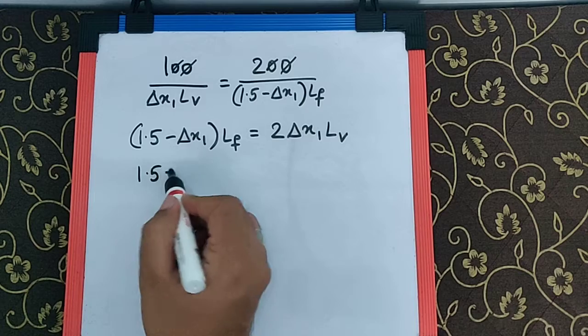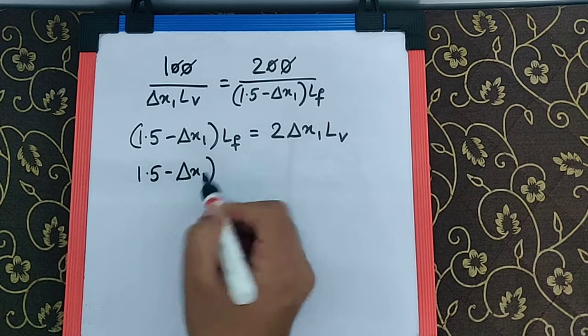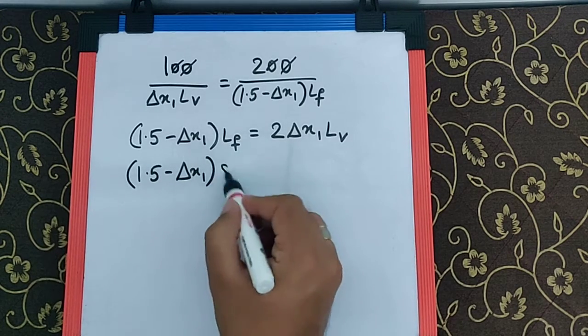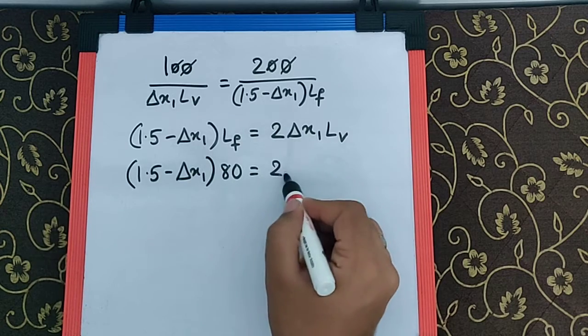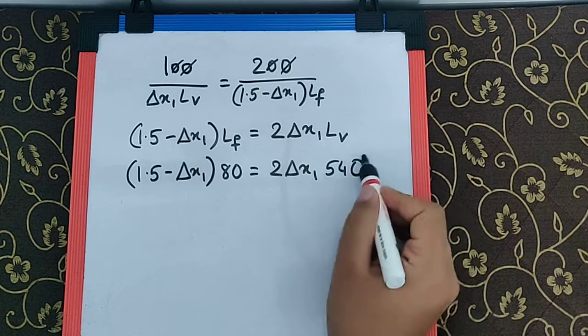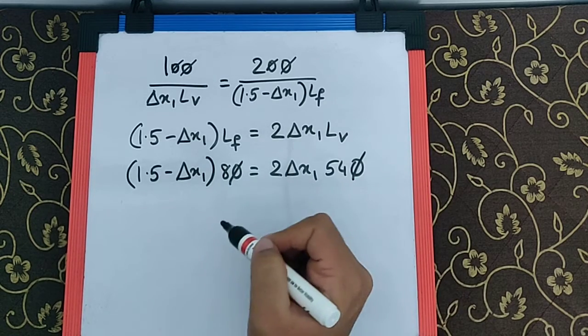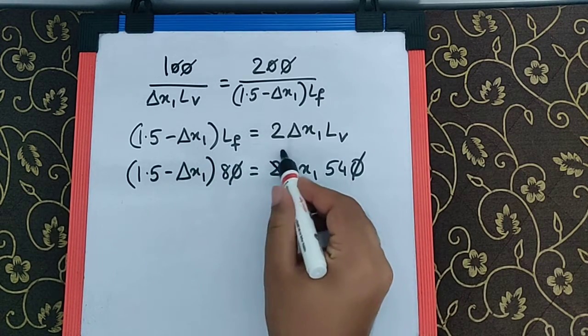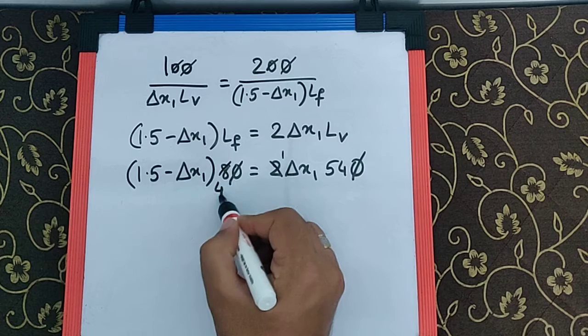Now substituting the values, latent heat of fusion is 80 and of vaporization is 540. Definitely cancelling the zeros is a good option. The 2 gets cancelled over here and makes this 4.